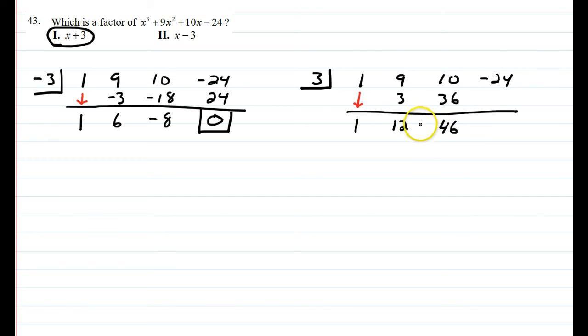And 46 times 3 is 138. And then 138 plus negative 24 is 114. So since our remainder is 114, this means that it's not a 0, which means it's not a factor. And so the first one is our answer.